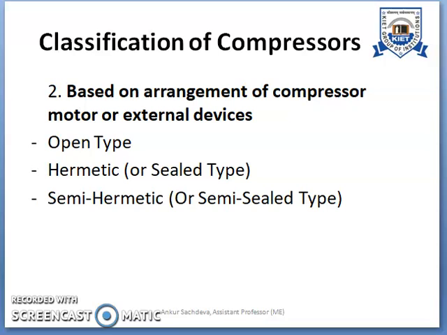Now this classification is based on whether we have different casing for motor and compressor or we have a single casing for the motor as well as the compressor. That is the compressor and motor are housed in one casing. The details about this open type or hermetic type or maybe semi-hermetic type we will discuss later in the unit as we move further.